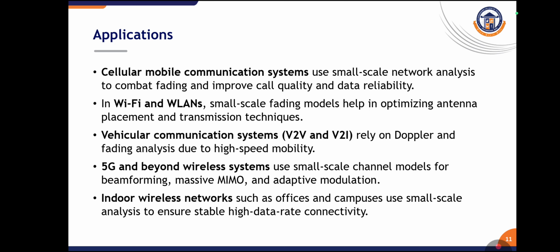Vehicle communication systems, V2V and V2I, rely on Doppler effect and fading analysis due to high speed mobility. 5G and beyond wireless systems use small scale channel models for beamforming, massive MIMO and adaptive modulation. Indoor wireless networks such as offices and campuses use small scale analysis to ensure stable high data rate connectivity.